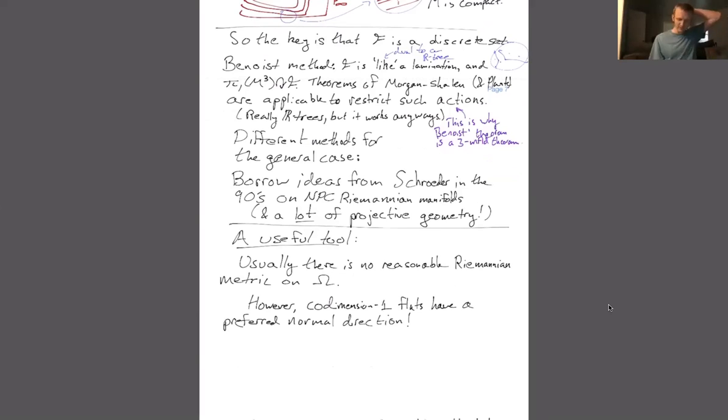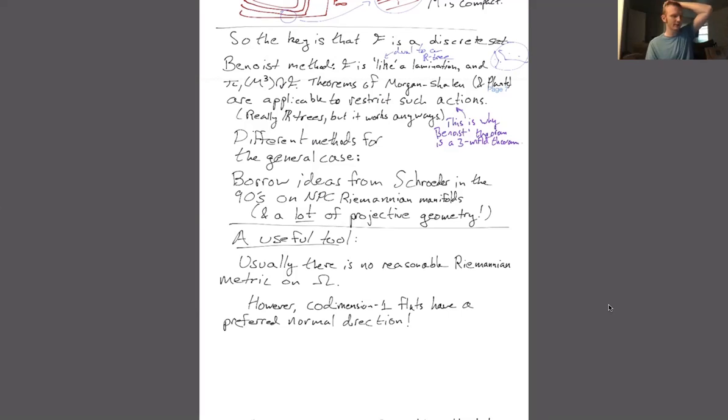Victor Schroeder in the 90s was working with non-positively curved Riemannian manifolds of finite volume, particularly those in dimensions 3 and 4, and was able to demonstrate some really strong results about the codimension 1 and 2 flats.